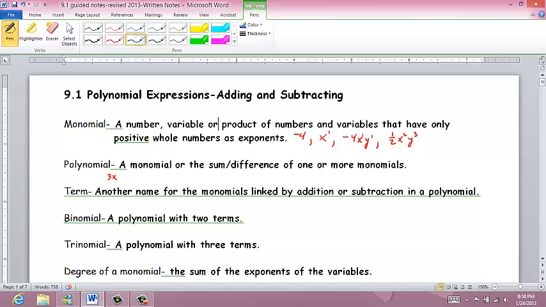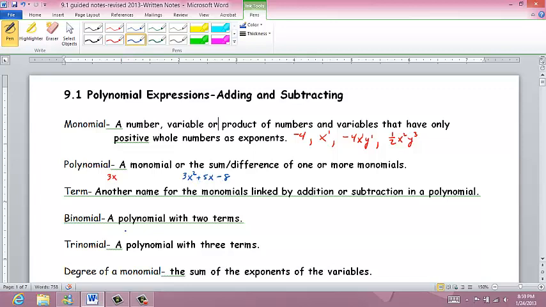But we could actually take another example, such as 3x squared plus 5x minus 8. This would be a polynomial with three terms. But notice how we are taking these monomials, 3x squared, 5x, -8, and we're linking them together by addition or subtraction. That's what makes this a polynomial.